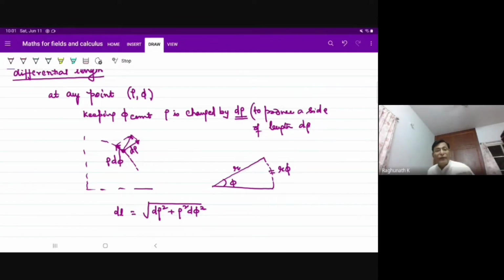Now this is again on any circle of radius rho, correct? Rho is constant on any circle of radius rho. Check it properly.